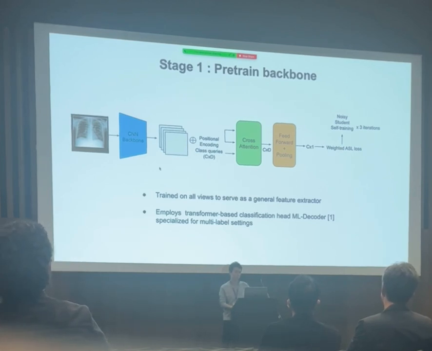One key contribution in the stage 1 pre-training was that we employed a transformer-based classification head called ML decoder. This is different from the generally used global average pooling, and it's more specialized for multi-label settings because it attends to different features based on the class we're trying to classify.